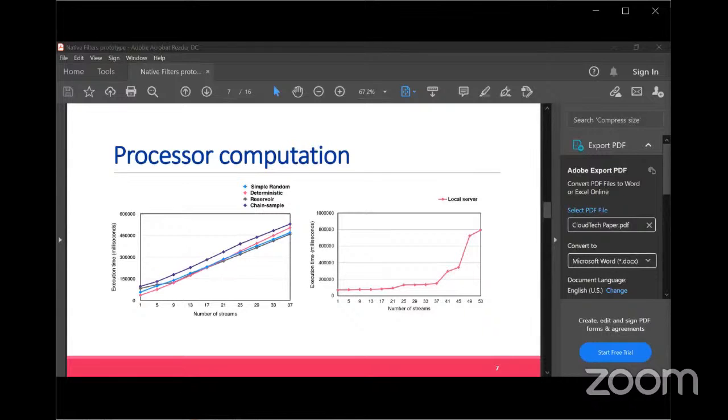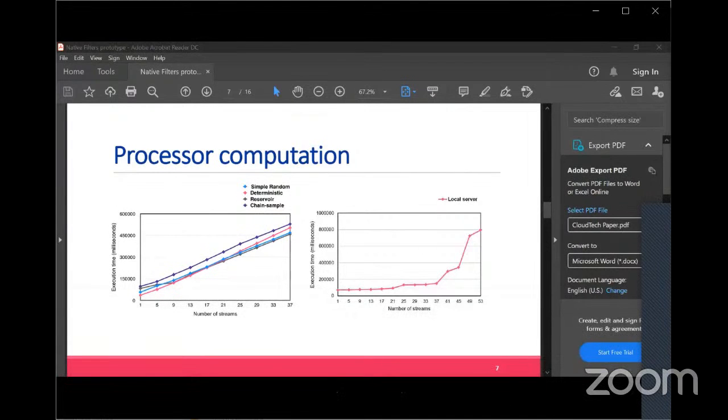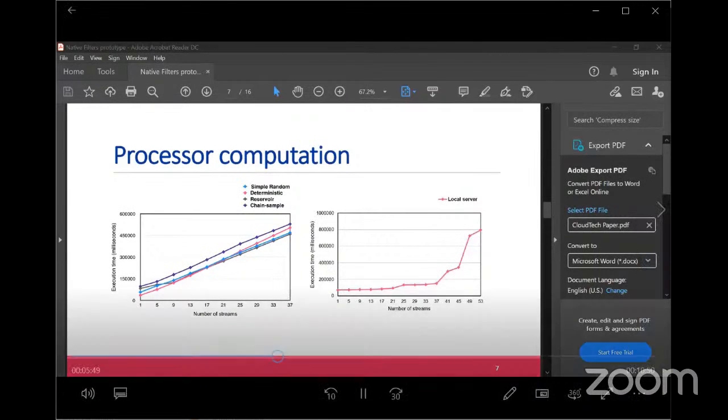You can notice that the execution time of the sampling process increases in a linear manner with the increase of the number of streams to be processed and summarized. The second figure in this slide represents the cleaning process time, the time that we need in order to clean the data received by the sensors. You can conclude that the cleaning time needed is not linearly dependent on the number of received streams.